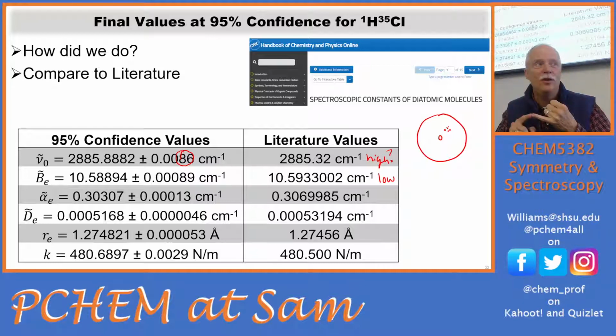So we would need to check the calibration of my laser wavelength, which is actually calibrating my interferometer. This is telling me I have a very consistent bias. It doesn't tell me my results are garbage. They're very precise, but they're biased some way. I need to figure out how to get that dialed back in, because I think if we get the spectrometer calibrated just right, then all of these values will fall right on the literature value.